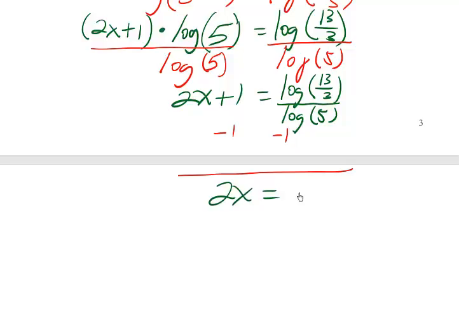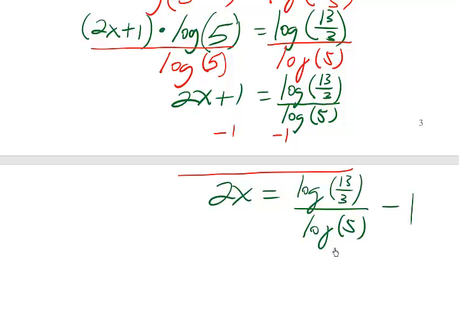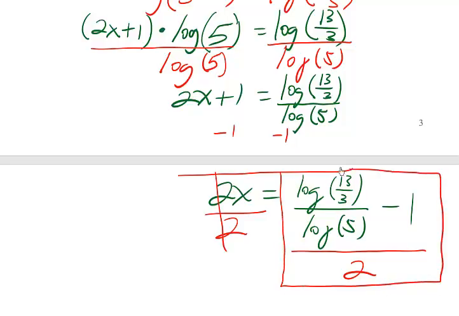And on the right side, it's kind of a mess. I have that division problem of the two logs, and now take away 1. My final algebra step would be to divide both sides by 2. On the left, it's very simple. On the right, it's somewhat ugly. Now x is by itself. I get a final exact answer of the ratio of the two logs minus 1 all divided by 2.